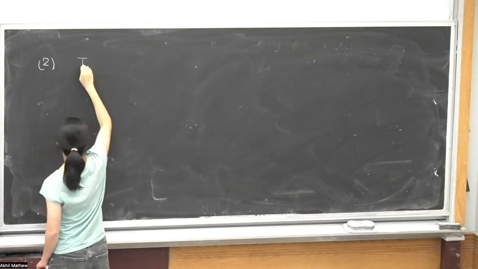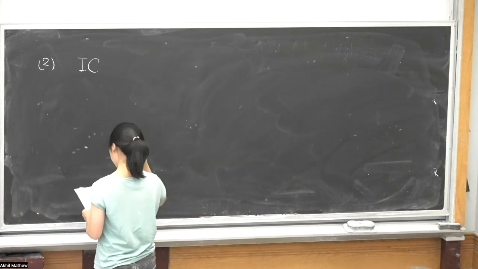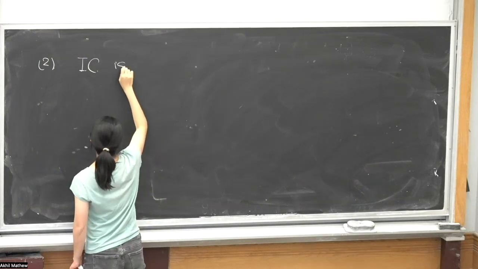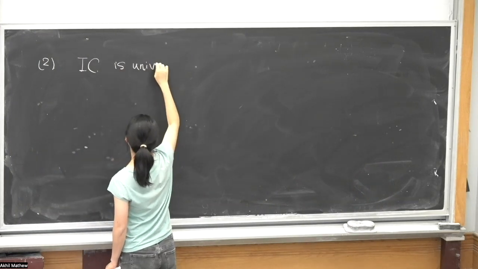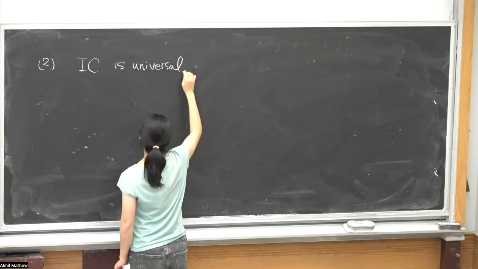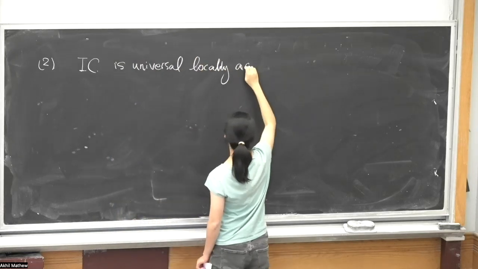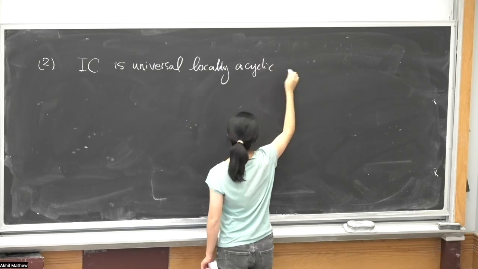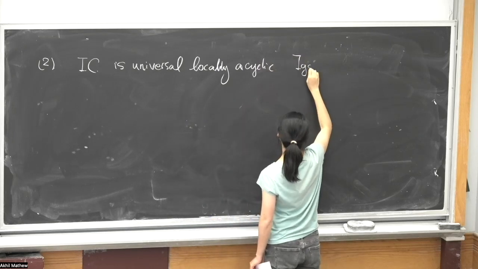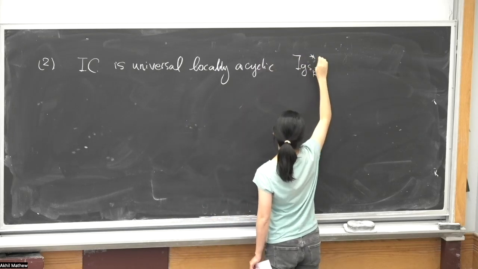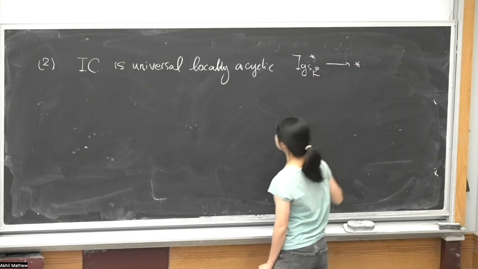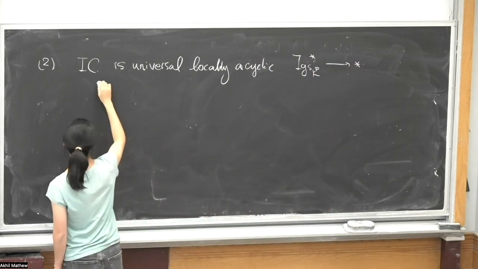And then we expect that this intersection complex should be universally locally acyclic with respect to the projection from this Igusa stack to the point, and it should also be Verdier self-dual.